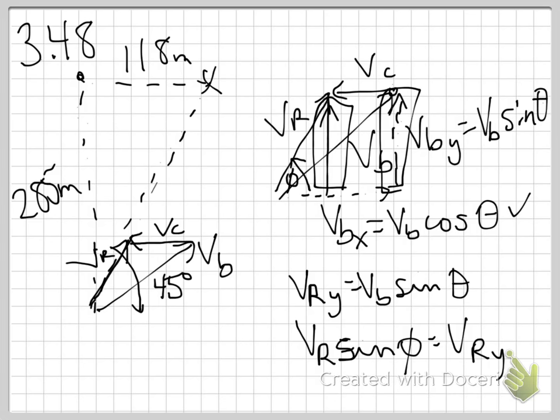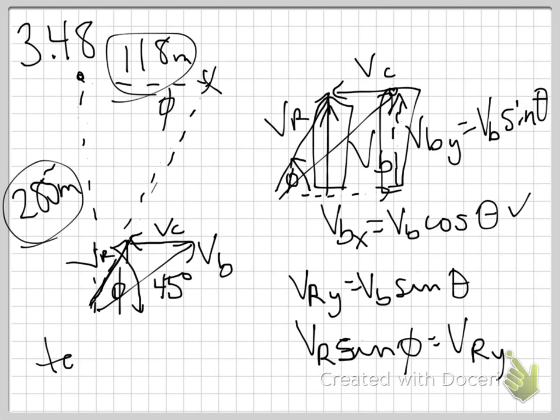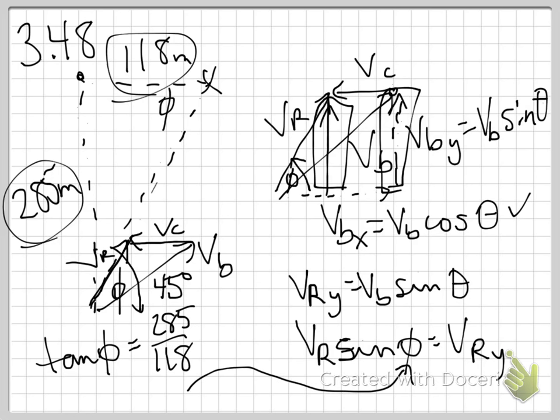That's this angle here again. You have the geometry right here, so you know what this angle is. It's the same as this angle here. So you can do tan of phi equals 285 over 118, and that'll give you the angle. Then you can plug it in over here, you find what VR is, based on VRY being equal to VBY.